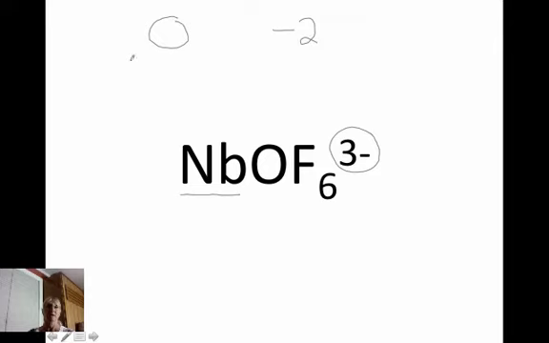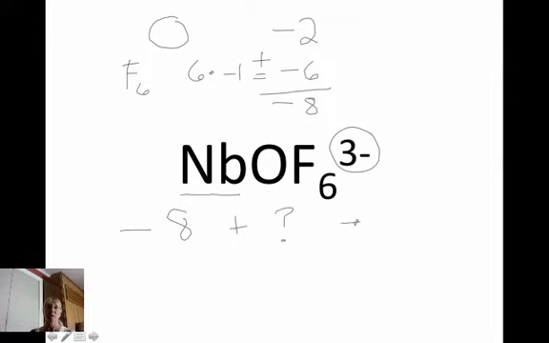I have 6 fluorines, so I'm going to go 6 times a -1 equals -6. So far, I have a -8 sum of oxidation numbers. So now I have to ask myself, I'm not adding up to 0 now, what number added to -8 equals -3? And the answer, of course, is +5.